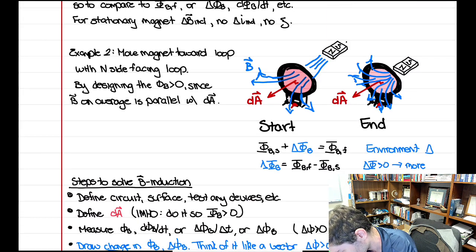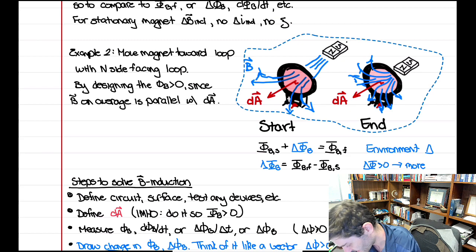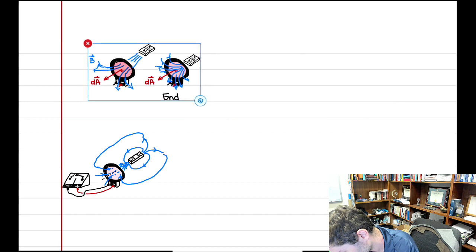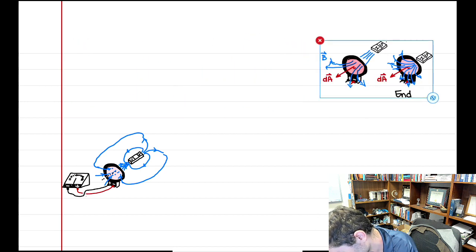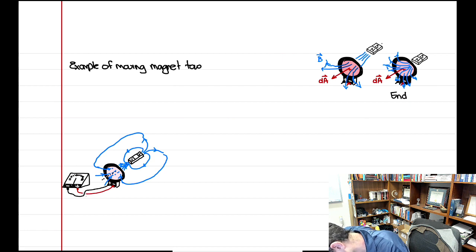Let's return to this case. I'll start essentially from scratch without tangents. So we have the example of a moving magnet toward the loop.